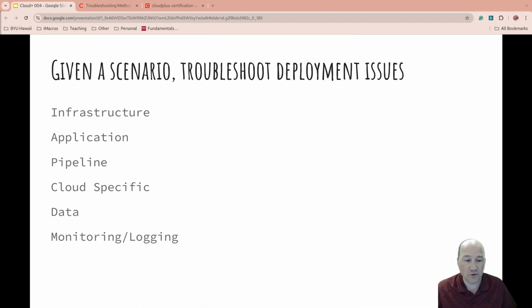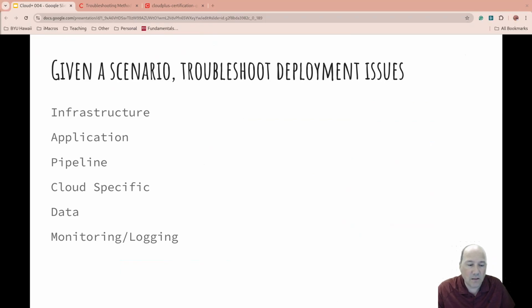Maybe it's something to do with permissions. Maybe the permissions have not been set up quite properly for the deployment. Maybe it's a connectivity issue, and if it's a connectivity issue, maybe it's connectivity to the data or the database, and that stops it from functioning properly.